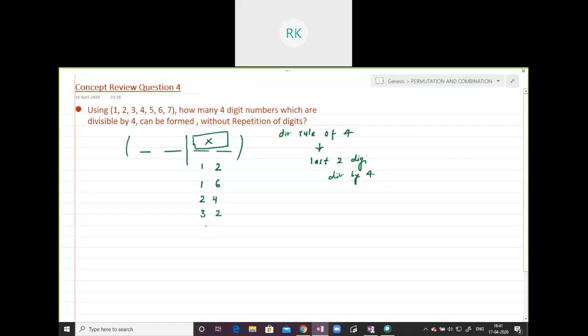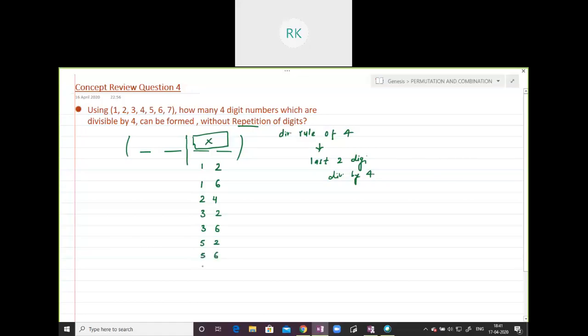Next, 36, possible. 40, not possible, my dear, because 0 is not there. 44, not possible because without repetition I can't take 44. 48, not possible because 8 is not there. 52, yes, possible. Next, 56, pretty much possible. I can take this also.